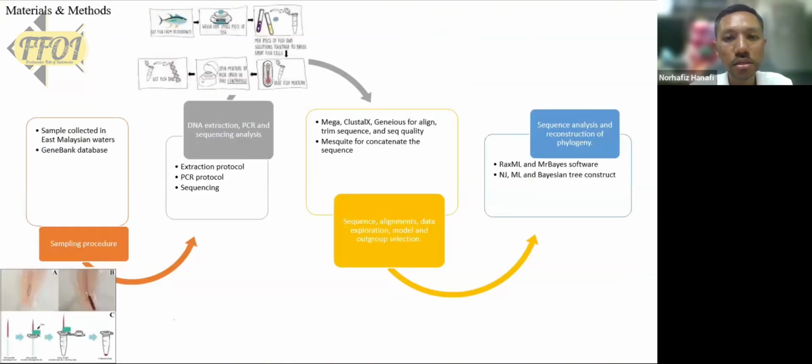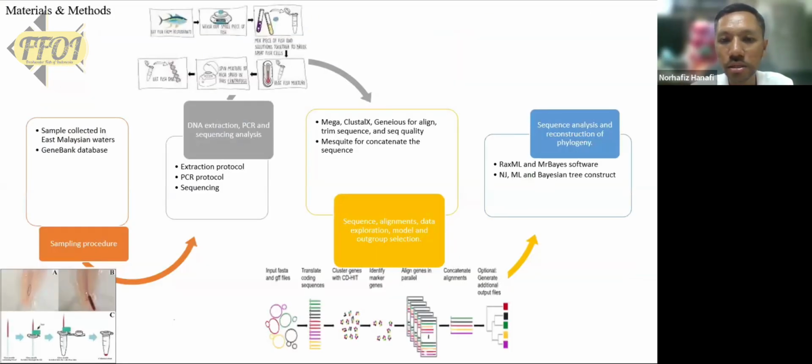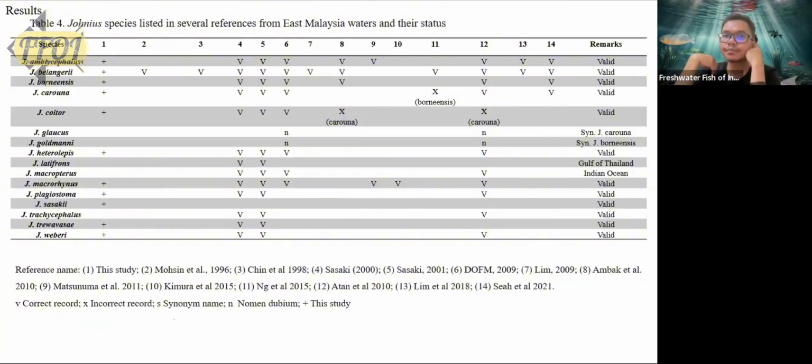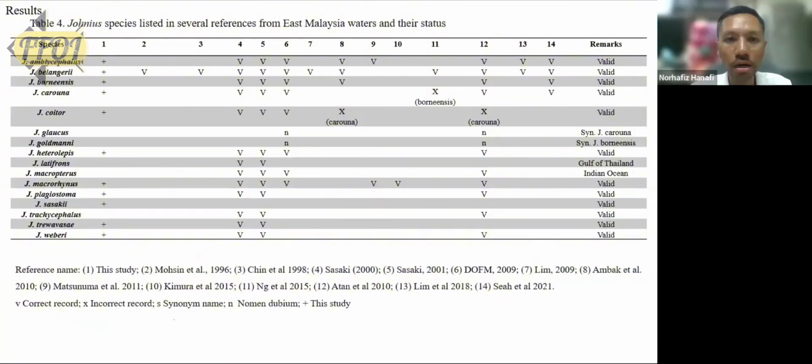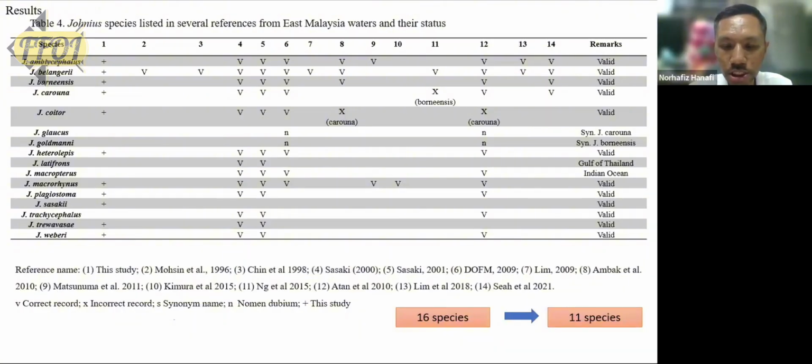Okay, so this is the sample collected. I think I just skip it. Okay, this is from East Malaysia waters, I have like 14 references. So from the 16 species of the genus in East Malaysia, after I revise, after I validate, after I reconfirm everything, you nampak tak? Certain species, dia ada yang salah.